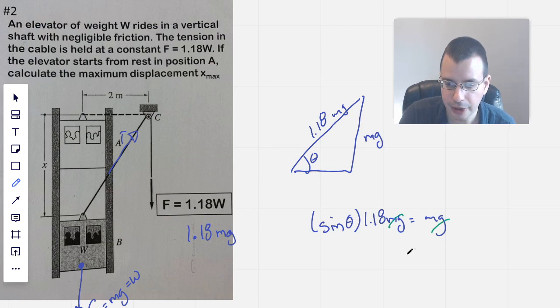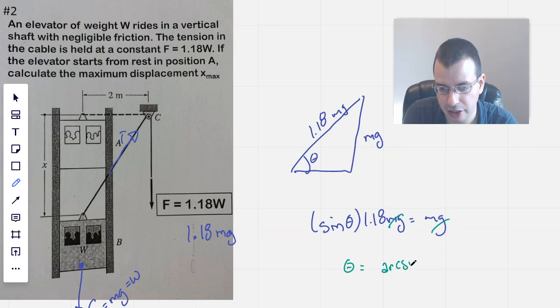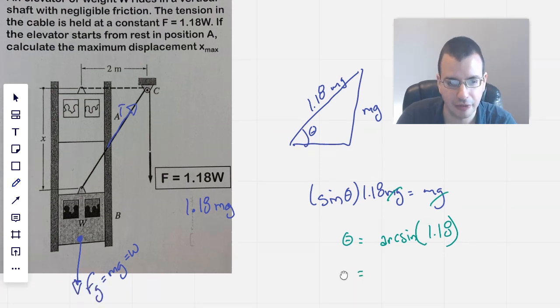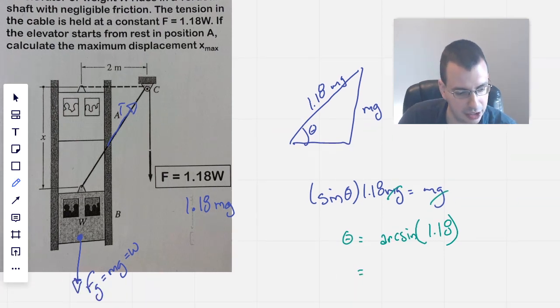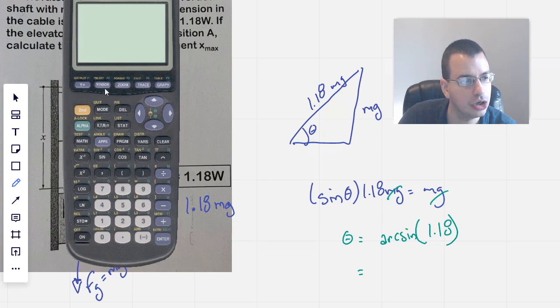When we start looking at this, we solve for theta: theta equals sine inverse, arc sine, of 1 over 1.18. Using a calculator, make sure we're in degrees mode. I like degrees, radians work too.